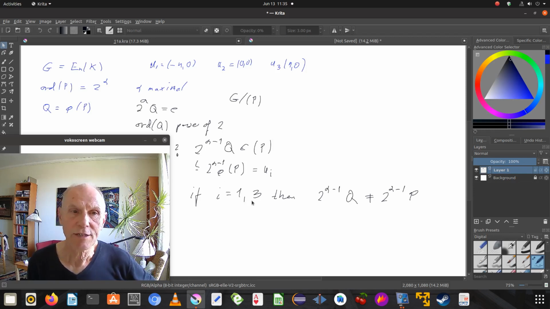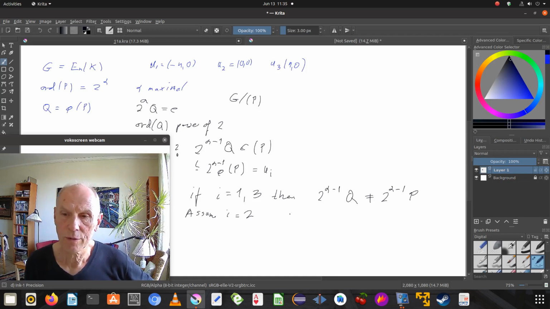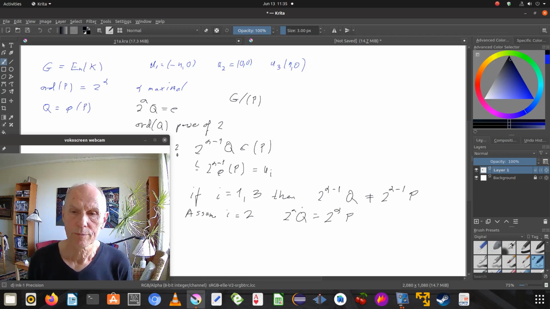So in that case, we have beta equals alpha. Then they actually are equal. They are equal to U2.